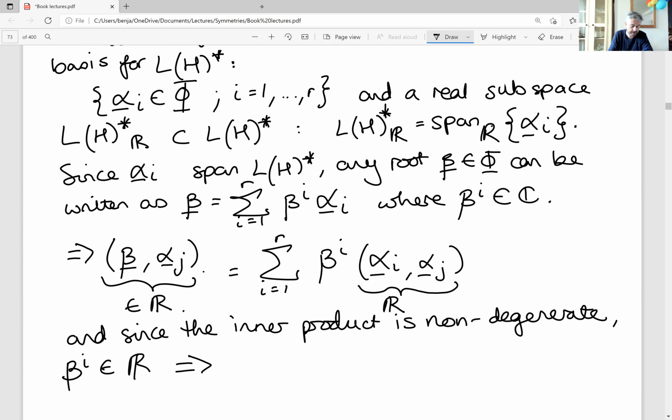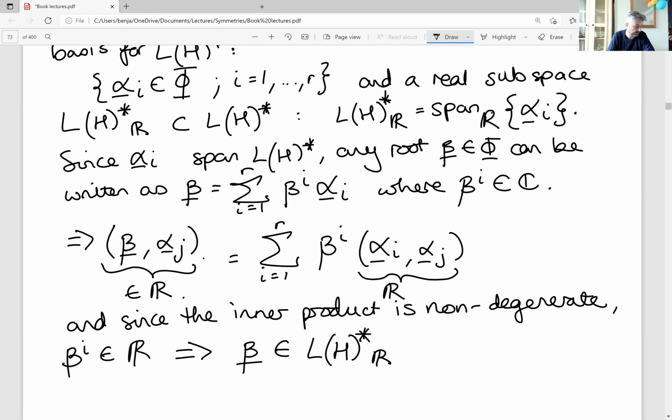So this implies that actually our roots are in this real subspace of LH star, because for all beta in the root set we can expand in terms of real numbers times these alpha I's.